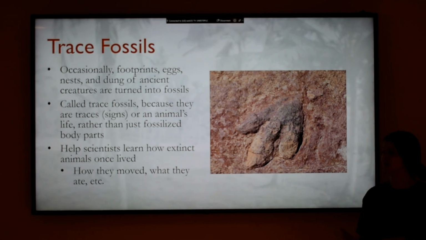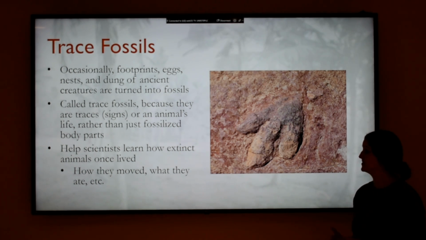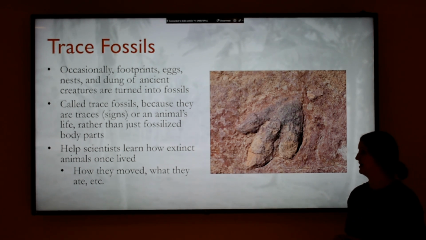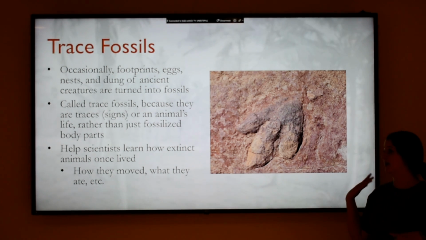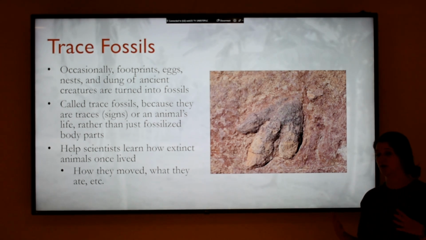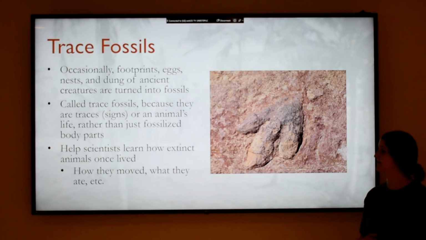These are called trace fossils because they are traces or signs of that animal's life, rather than just a fossilized body part. These trace fossils are most important for helping scientists learn how these extinct animals once lived, and they're most telltale in how they moved, what they ate, etc. They use things like geographic location and the type of rock it's found in to learn more about that animal and how it lived.